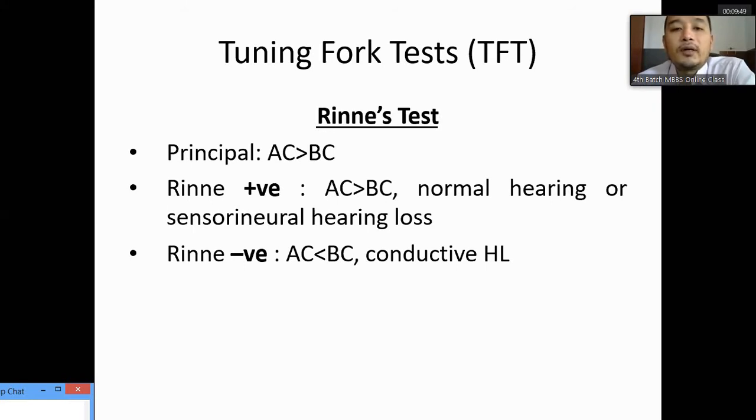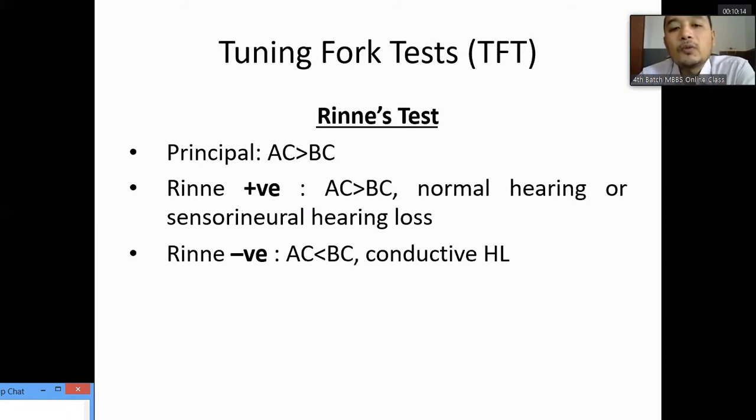This means the air conduction is better than the bone conduction. This is interpreted as Rinne's positive. This happens in normal hearing and also in sensorineural hearing loss, because the conducting mechanism is intact, while the sensorineural mechanism is impaired. That's why even if we keep the tuning fork over the bone, the hearing is still impaired.